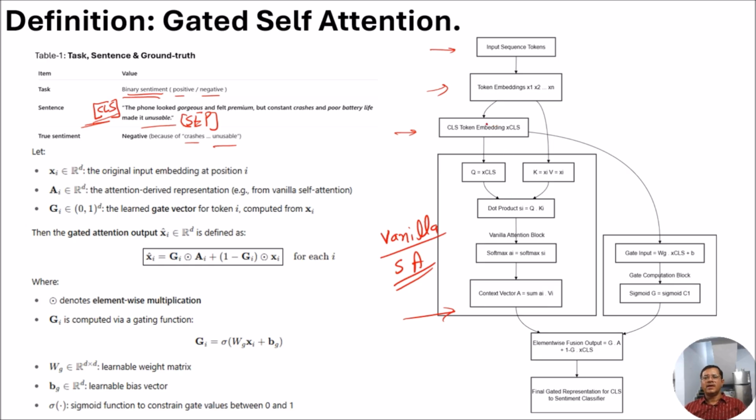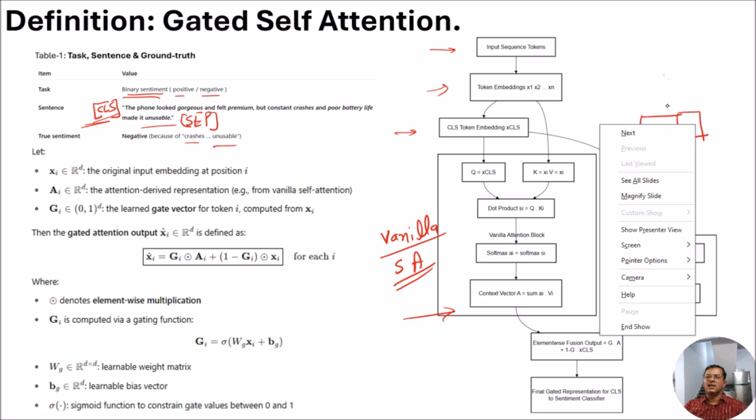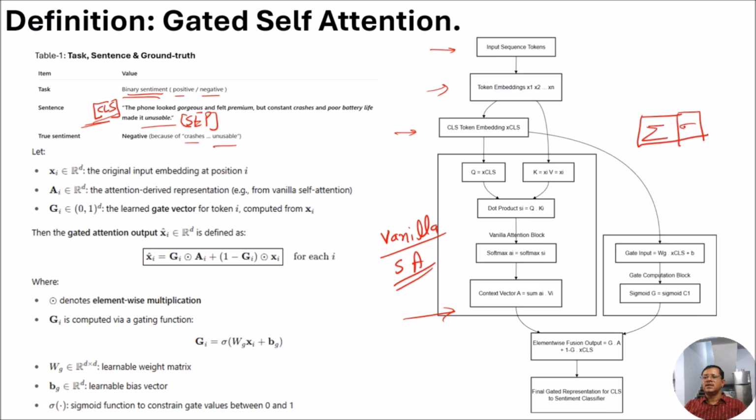Now the role of the gating mechanism starts. The gating mechanism is achieved by using some multi-layer perceptron. It may be a single multi-layer perceptron for a very simple architecture. You already know that a multi-layer perceptron generally contains two different parts, summation parts and non-linear parts. For non-linearity, we use the sigmoid function. In the summation part, we use two things.